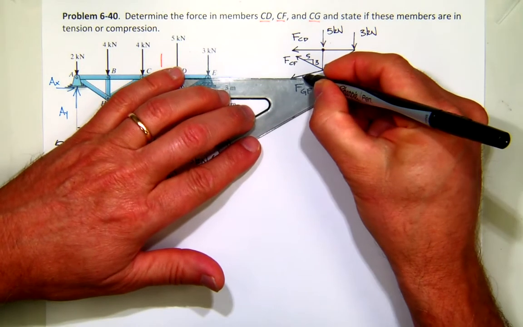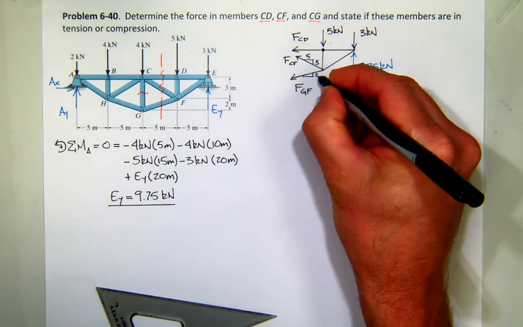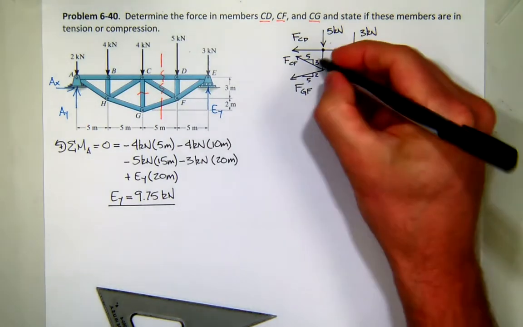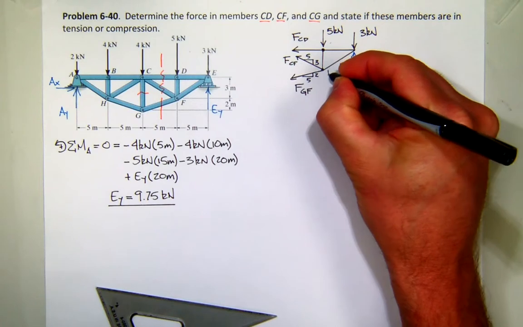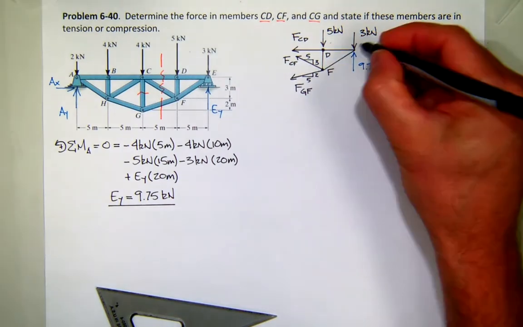If I did want the components of GF, it would be a 2 to 5 slope. Everybody see that? Any questions about that? So where should I go and do my work? There's F and D, and this is E.